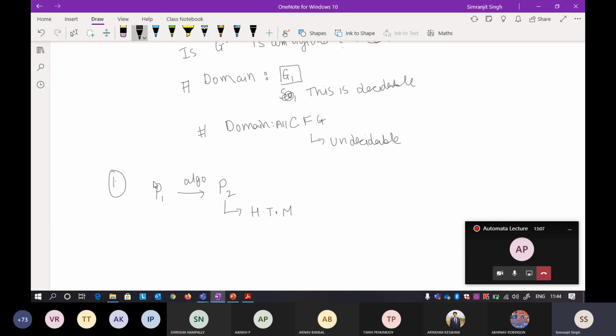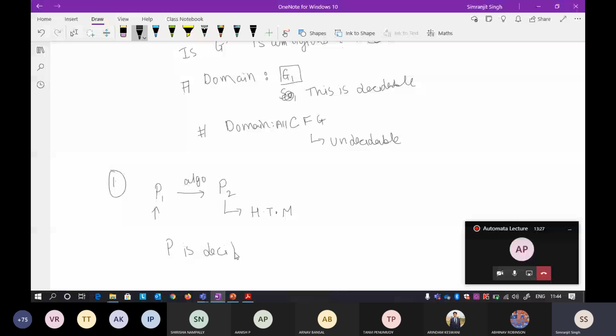You convert this problem by following a particular algorithm into P2, and for that P2, if there is a halting Turing machine, then you can say that your P1 is decidable.